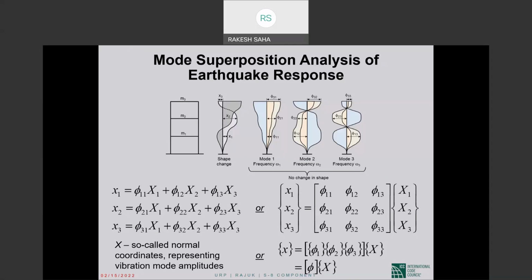Okay, it's time, so I will continue. So far we were talking about single degree of freedom systems. It's not a whole lot of practical structures that you can idealize as single degree of freedom systems.